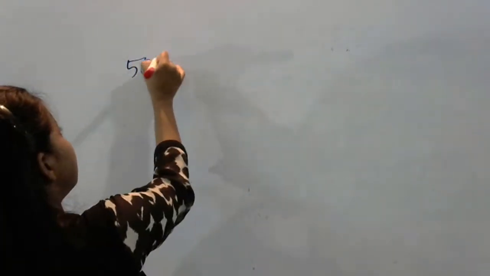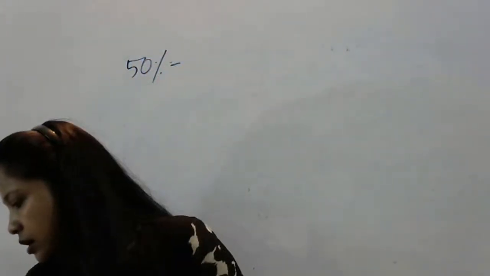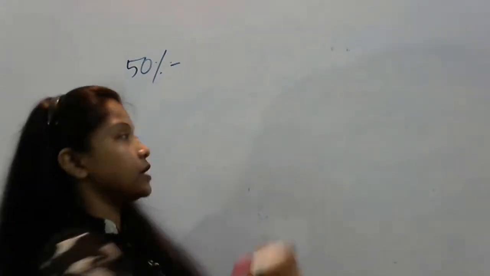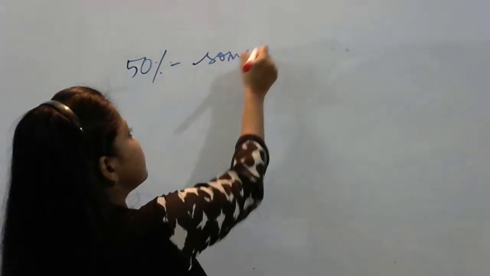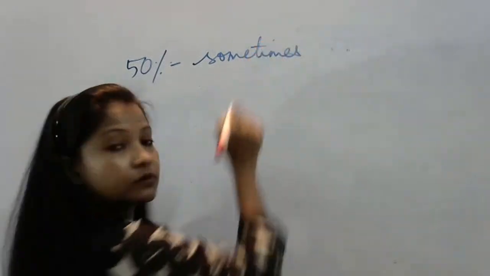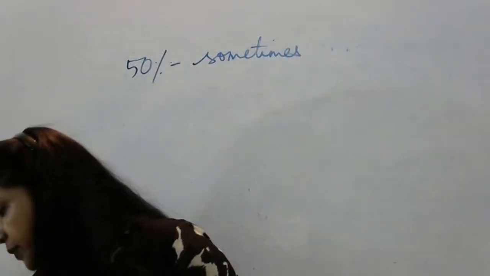Next is 50%. After 60 comes 50%. For 50% it is sometimes. Yes, visible.